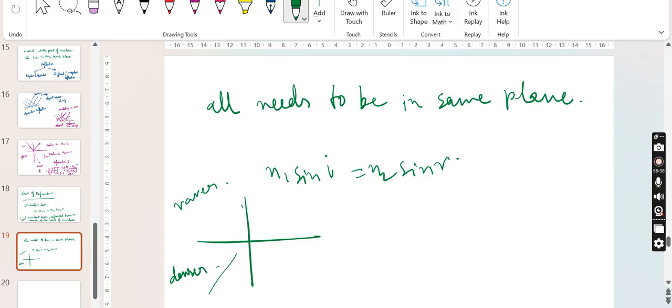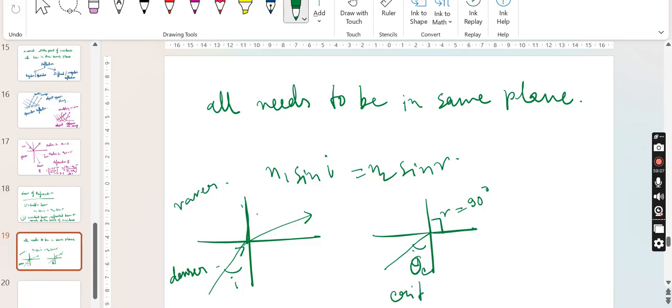It will bend more away from the normal. After some time, there would come an angle i for which this angle r is 90 degrees. That angle is called the critical angle. So light will pass along the interface.